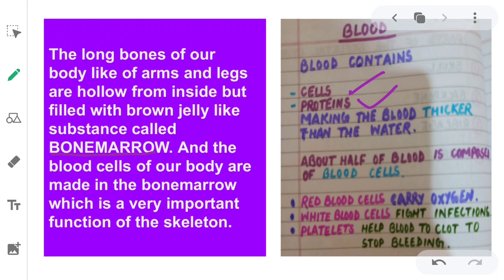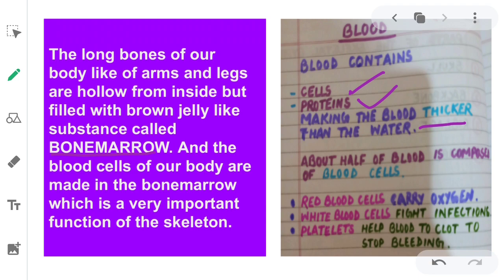Because of the presence of these things, the blood is thicker than water. All of you know blood is in liquid form. But is it the same as water? No, it is not the same as water. It is a little thicker than water.